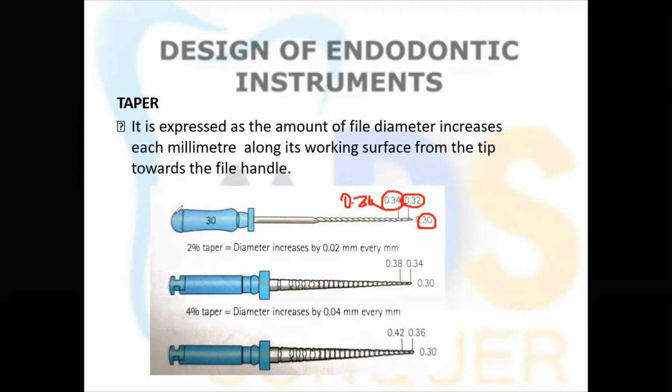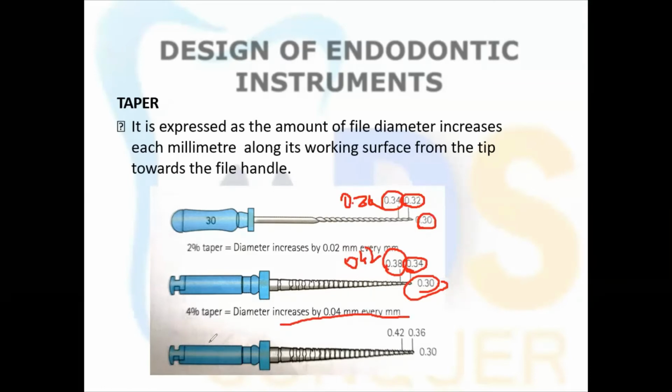In the same way, if the instrument is of 4% taper, at apex we have already discussed that the diameter would remain the same for any taper, and the successive diameter at 1 mm from the tip would be 0.34, at 2 mm from the tip 0.38, and at 3 mm from the tip 0.42, ensuring that there is an increase of 0.04 mm for every millimeter.